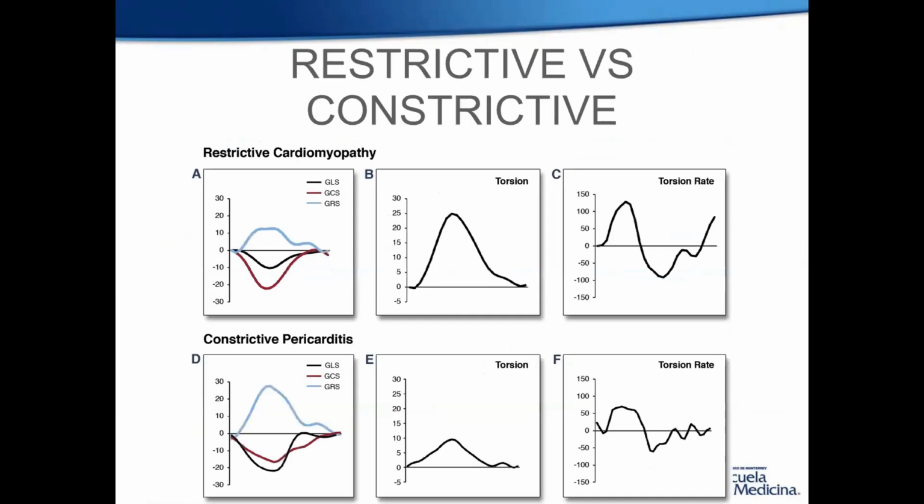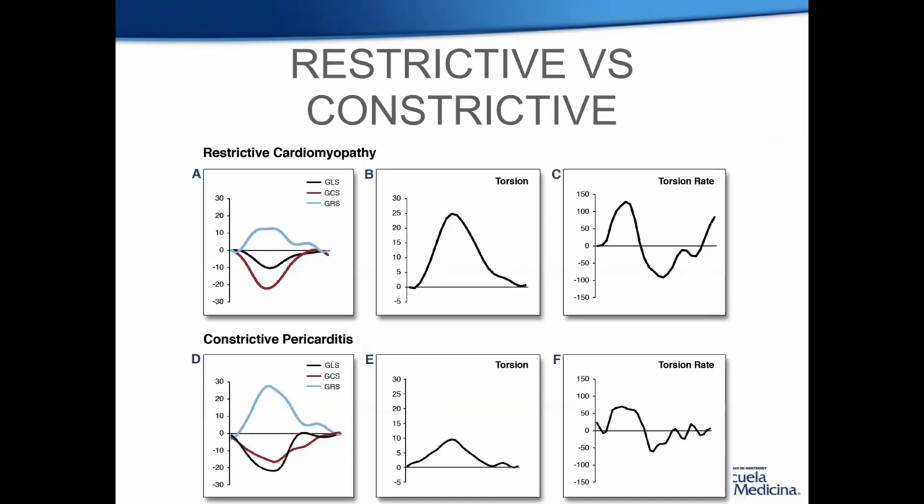Another area where we can use strain as a helpful tool is the differentiation of restrictive versus constrictive, which we all know is always problematic to sort out. In restrictive, torsion is preserved, as opposed to constrictive, where the torsion is decreased.